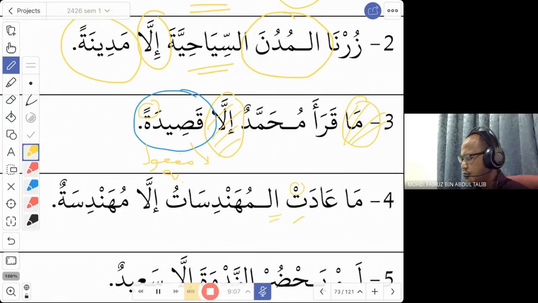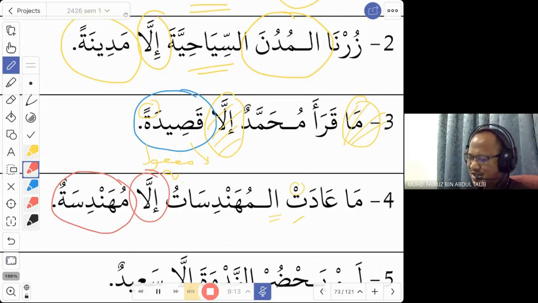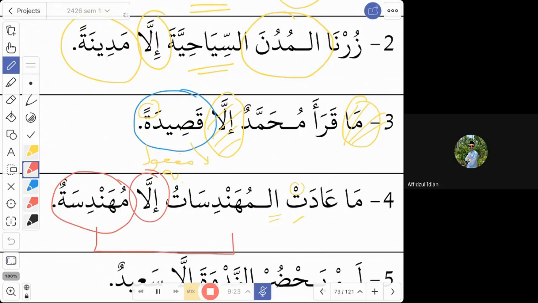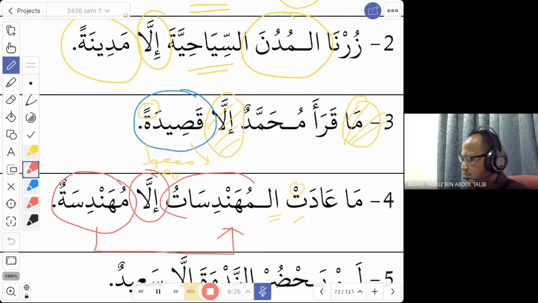So you have adatul istisna, you have the mustasna. Do you have mustasna minhu? Yes. Which word? Muhandisatu. So here you have mustasna minhu. Since mustasna minhu is available and it is manfi, which hukum?